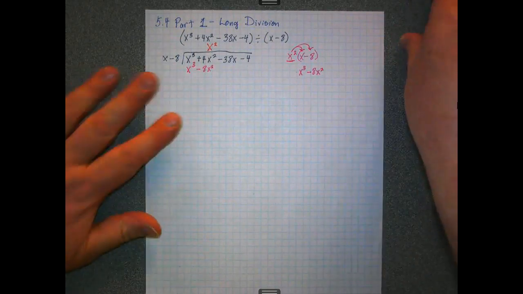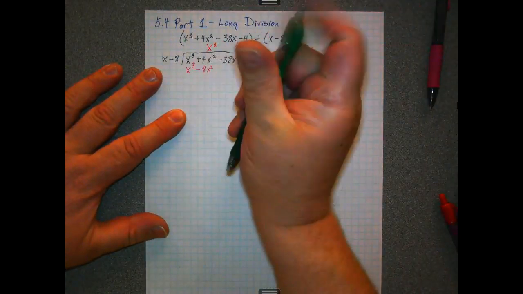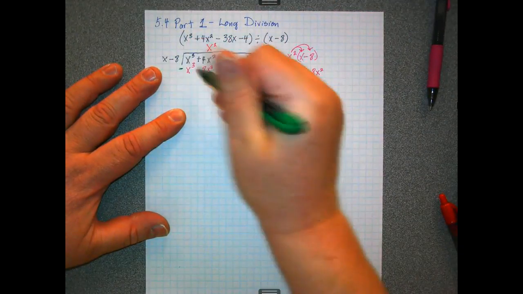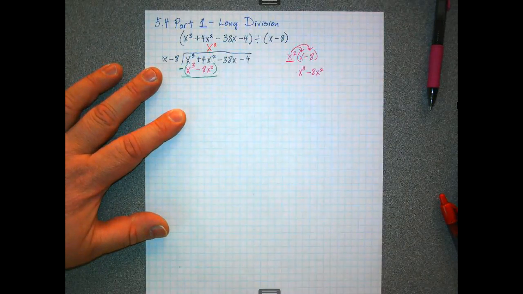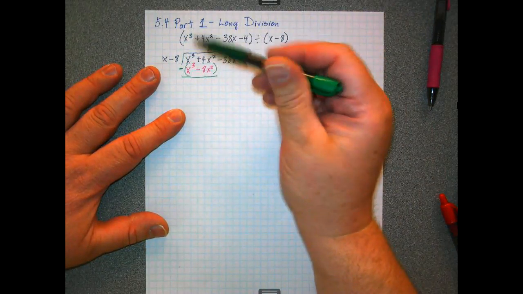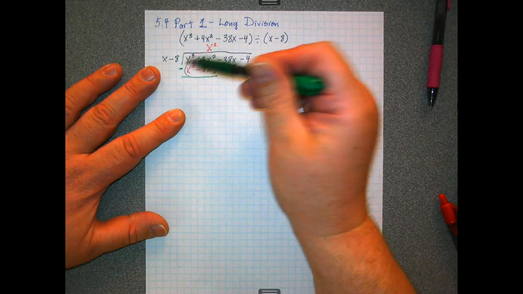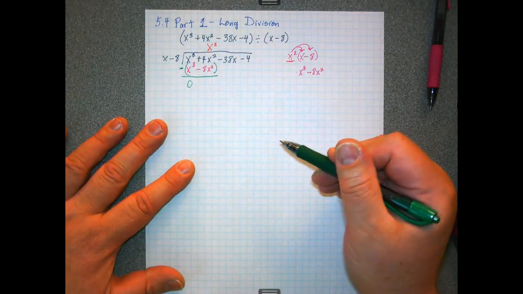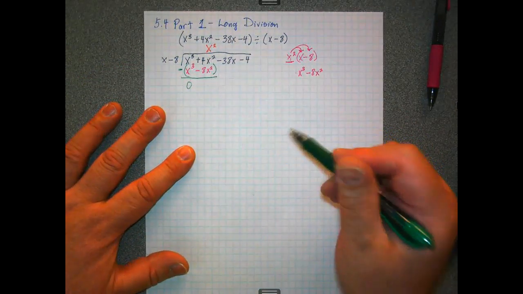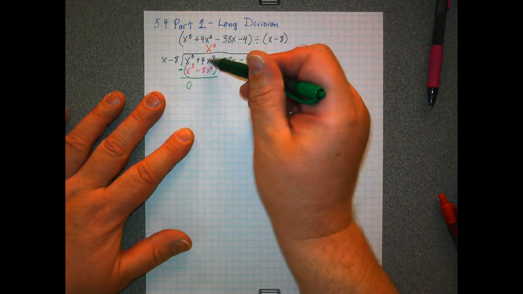Okay, so I'm going to subtract this product, the entire product. So I get x cubed minus x cubed. I should get a 0 there. If you don't get a 0 there, something is wrong. Then 4x squared.